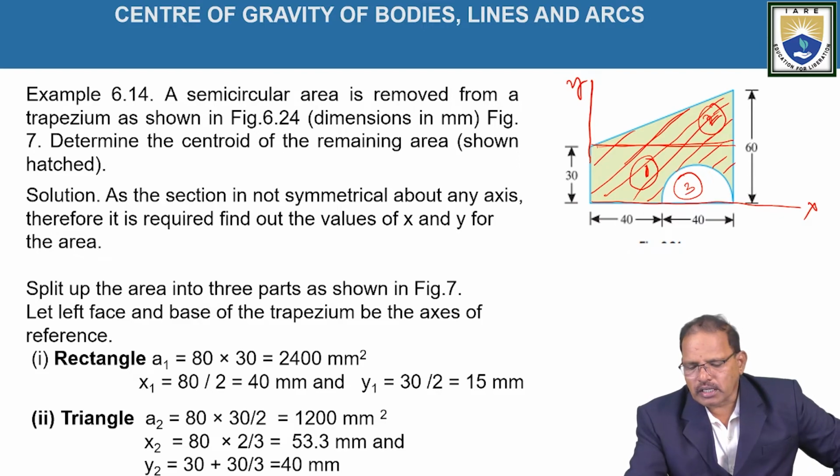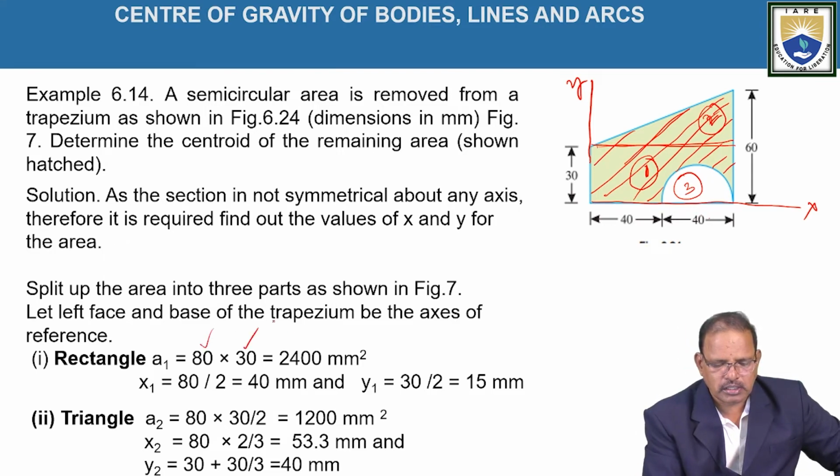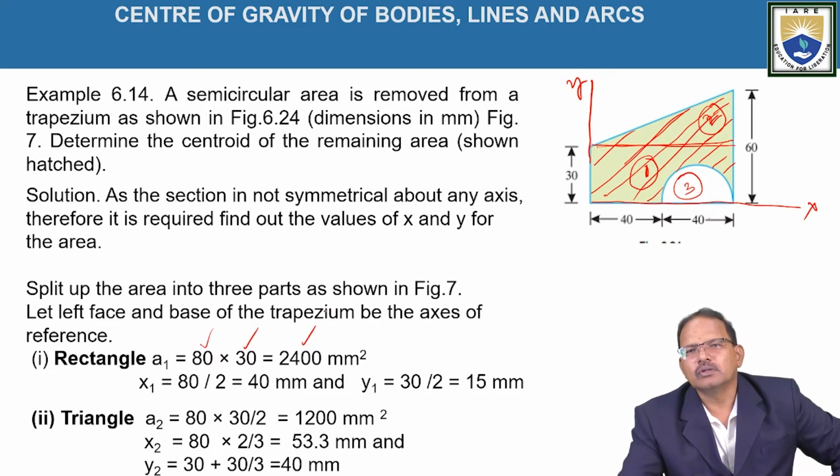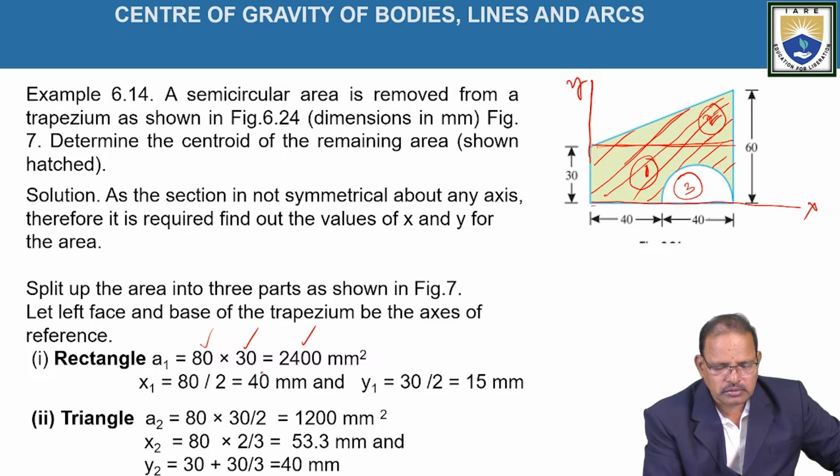Now the area of the rectangle is equal to (40 plus 40, that is) 80 into 30, which is equal to 2400 mm square. Similarly, the position of the centroid with respect to the x-axis and y-axis: first, with respect to the y-axis, it is in the middle of the length of the rectangle, that is 80 by 2, 40 mm.